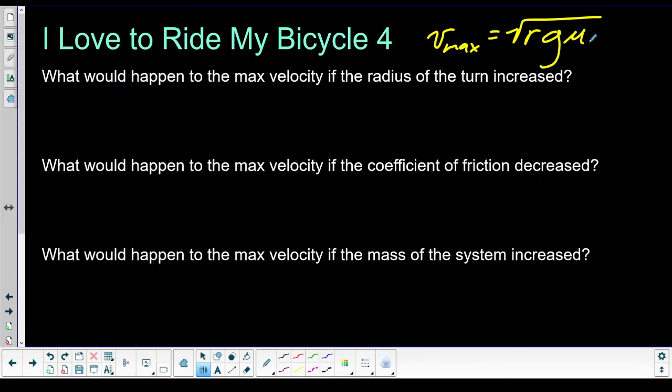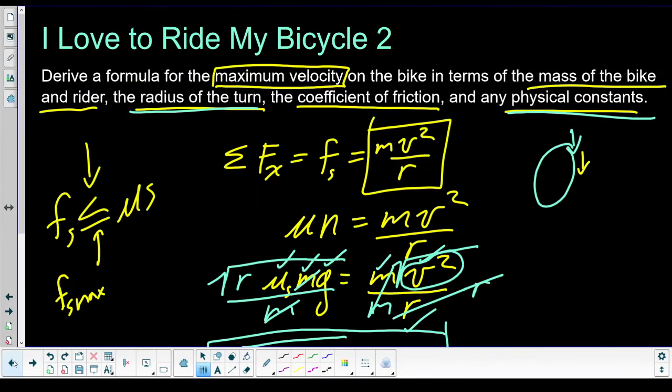r g mu s. So if my radius of the turn increases, because this is in the numerator, not in the denominator, if this thing goes up, so does this side of the equation. So if I increase the radius of my turn, then the net force goes down.